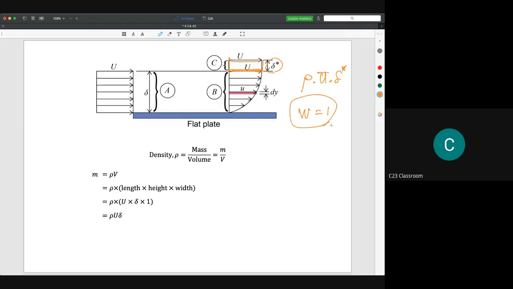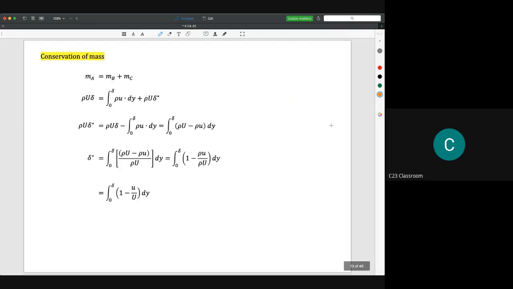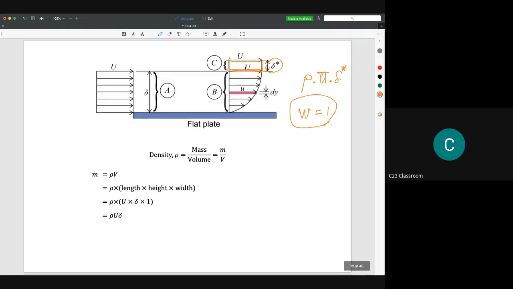However, maybe we have a little bit of difficulty measuring the mass for the area B, because the velocity of area B is not constant. So we need to calculate it starting from a small area of this one. So let's say we have a dm here.